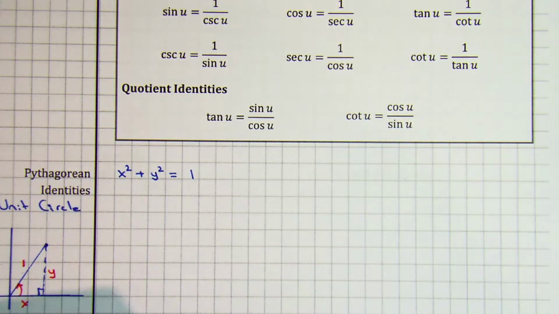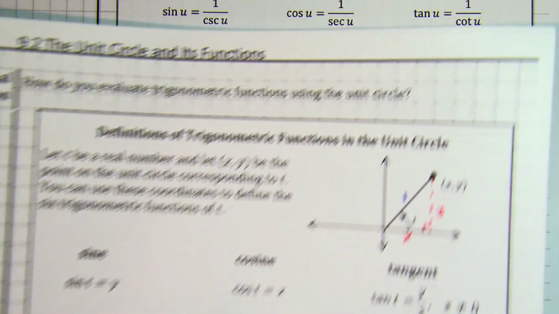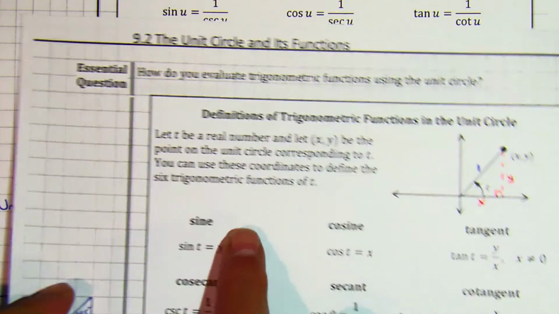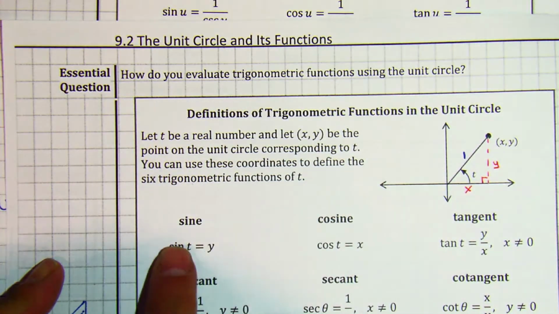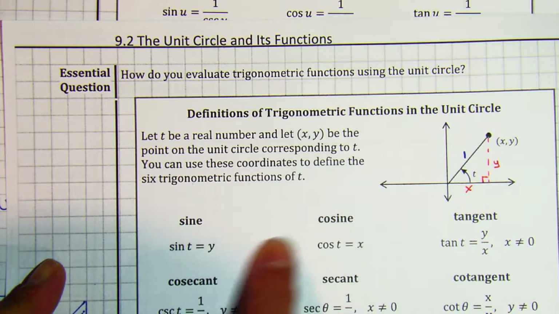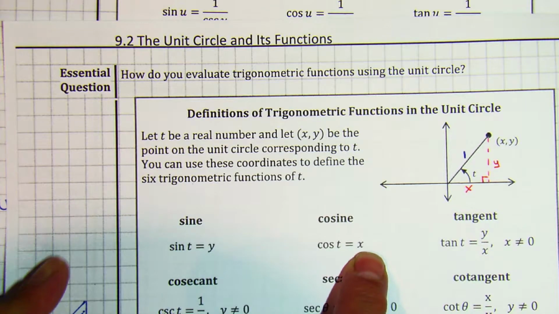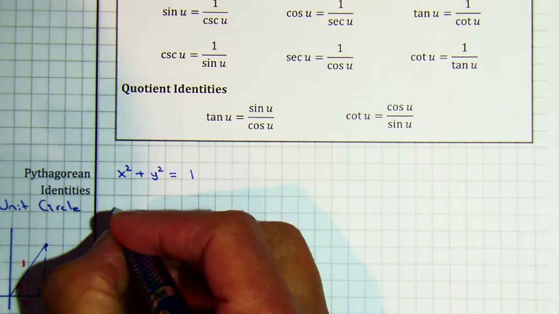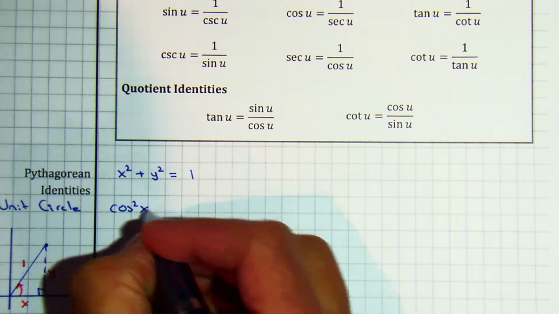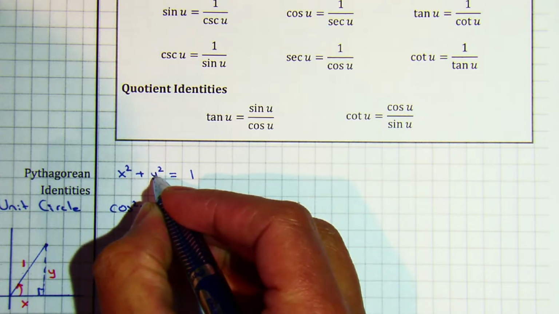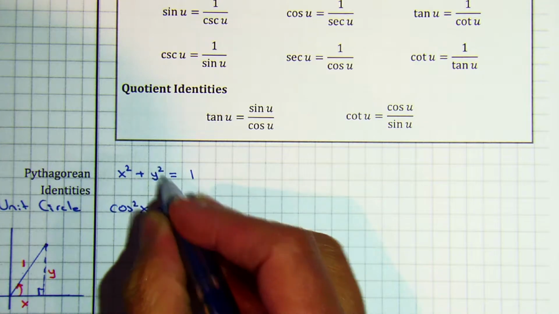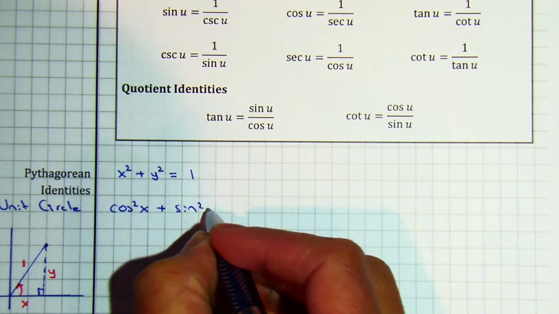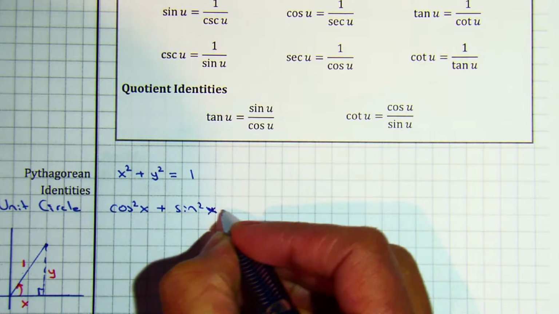And from our previous definitions, we know that if it's a unit circle, the sine of an angle is equal to the y. The cosine of an angle is equal to the x. So therefore, I can replace that x as the cosine square of x, and we can replace the y square as the sine square of x.